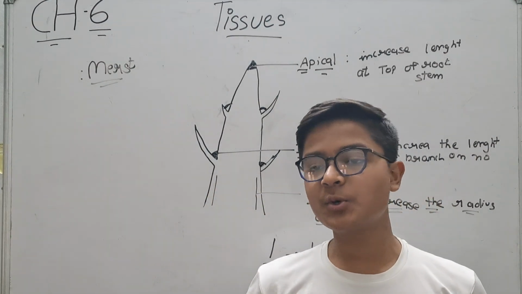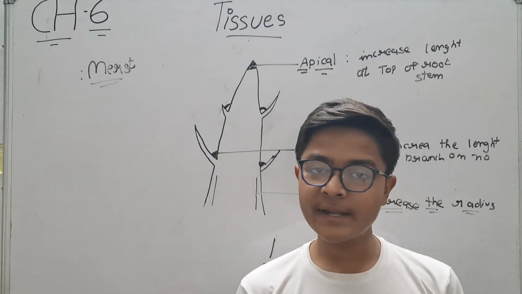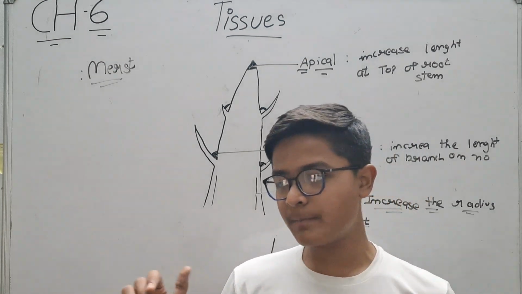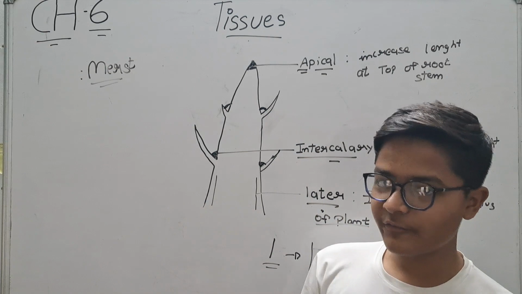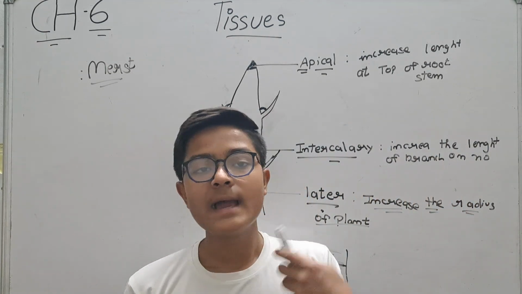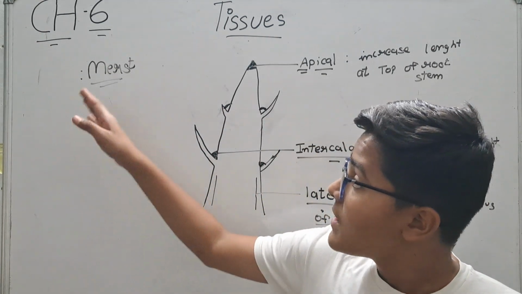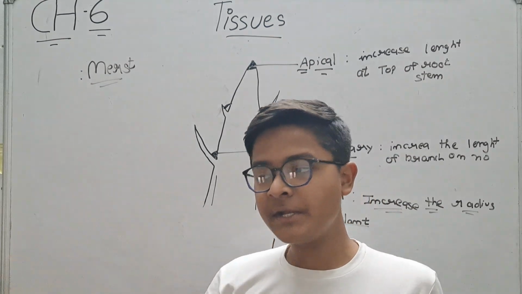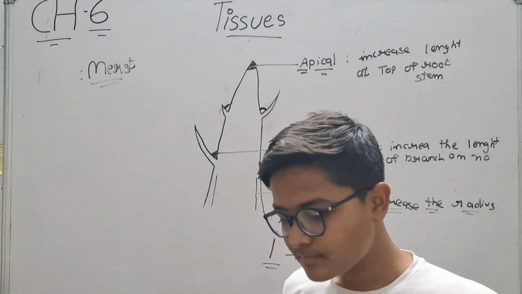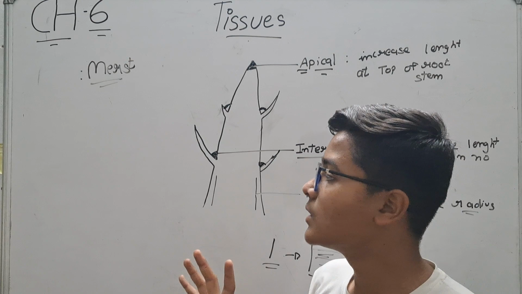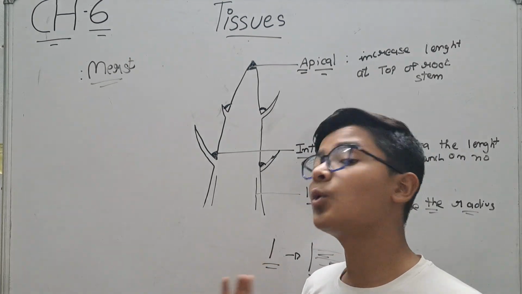Now let's move further on to permanent tissue. There are two types of permanent tissue: simple and complex, and each has further divisions. Students, when the meristematic tissue converts into permanent tissue, it loses its growing capability.